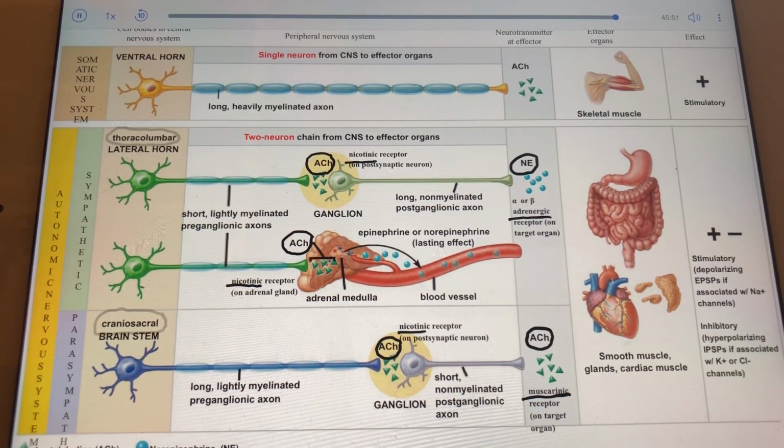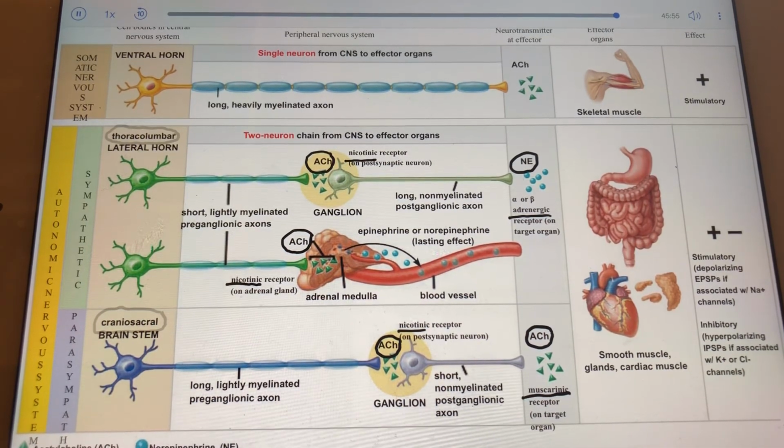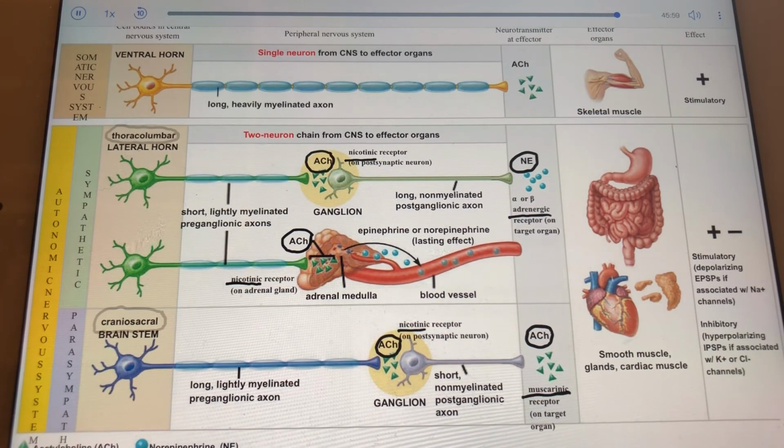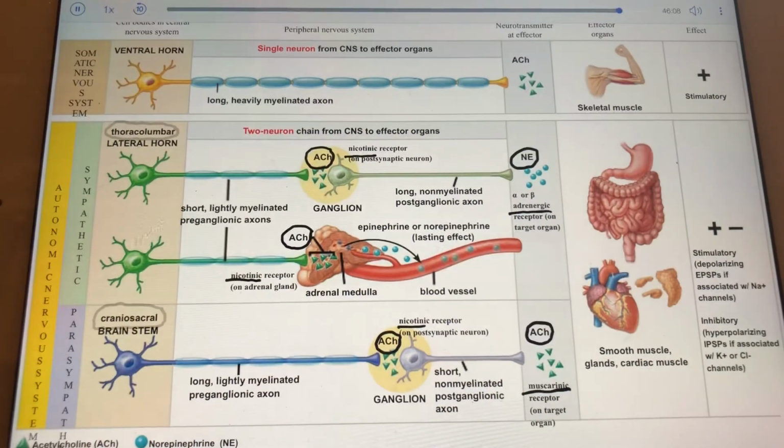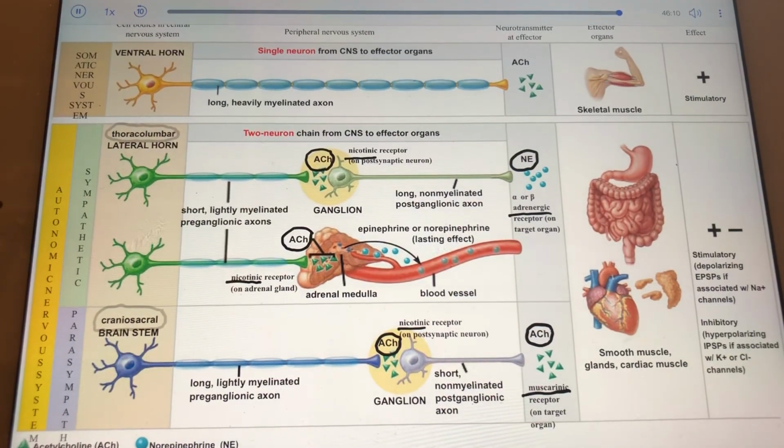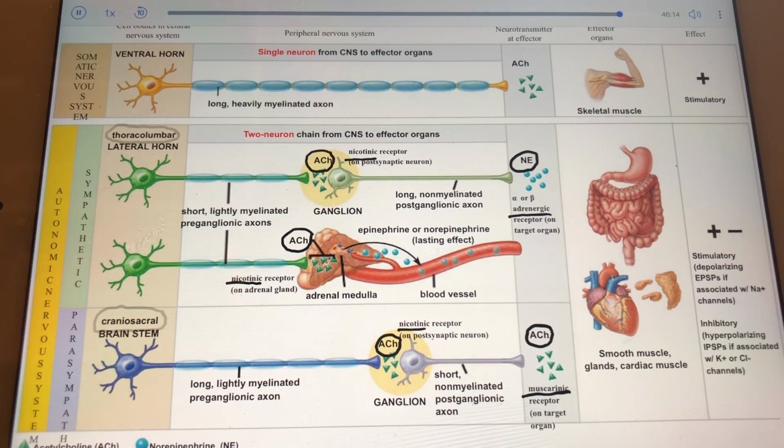Now, if we look at the parasympathetic nervous system or pathway, acetylcholine is released by the preganglionic neuron, but we were expecting it. And the type of receptor is nicotinic, all right? Whereas the type of receptor on the effector is going to be muscarinic, even though I agree it's still acetylcholine that's being secreted by the postganglionic neuron.